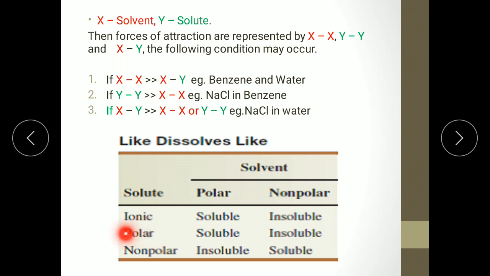Like that, if the solute is polar and the solvent is polar, it will remain soluble. If the solvent is non-polar, insoluble. If the solute is non-polar and the solvent is polar, insoluble, and if the solvent is non-polar, then soluble. Means ionic and polar substances will be soluble in polar solvents, whereas non-polar solutes dissolve in non-polar solvents.